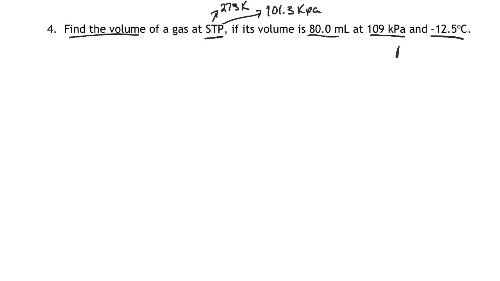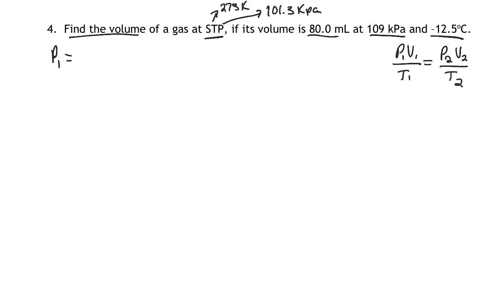Our formula is going to be P1 V1 over T1 is equal to P2 V2 over T2. So these are the pressure, volume, and temperature at the start, and pressure, volume, and temperature at the end of it. Now let's see what values I need to substitute in.